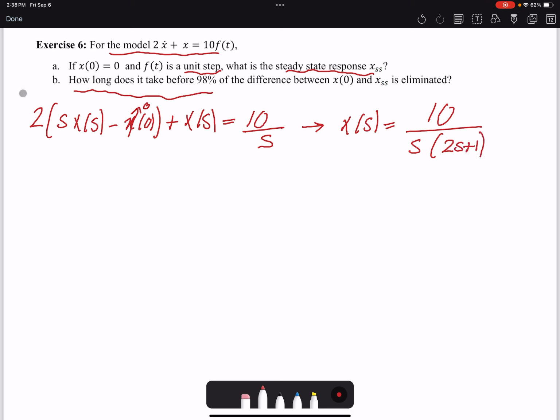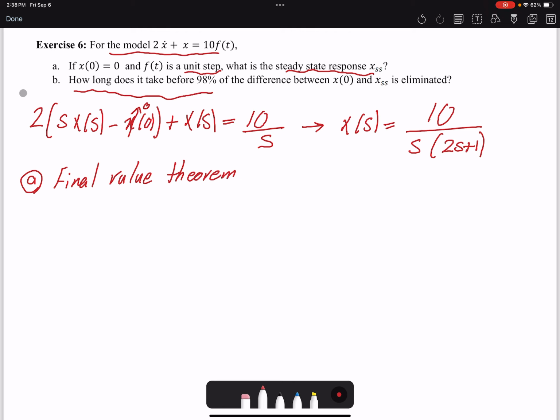If I use the final value theorem for part A, I can find the steady state response. We don't have to use the final value theorem. We can find the overall response and then set t to infinity to see what the value would be.